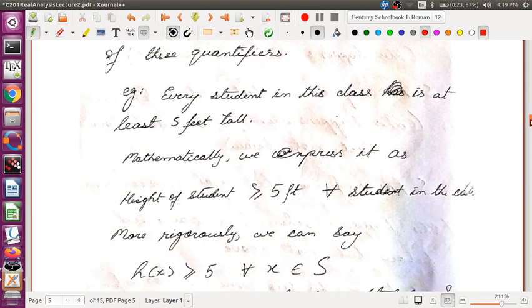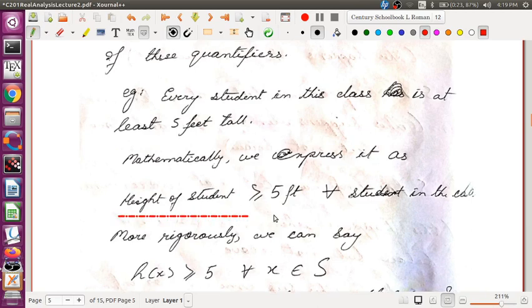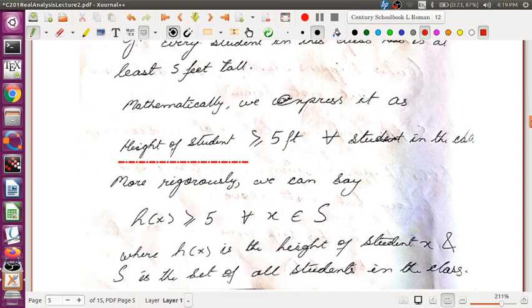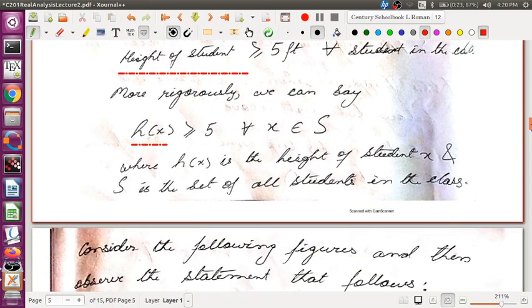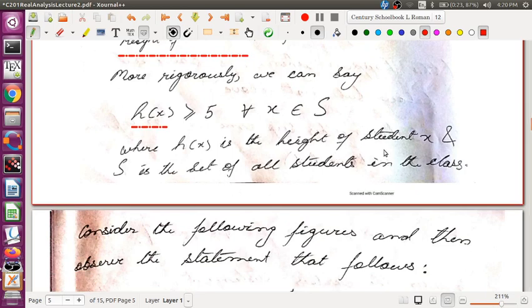For example, if I make the statement every student in this class is at least 5 feet tall, mathematically we express it as height of student greater than or equal to 5 feet for every student in the class, right? More rigorously we can say that h of x is greater than or equal to 5 for every x inside S. What is h of x? h of x is the height of the student x, and S is the set of all students in the class. This is how we formalize things mathematically.